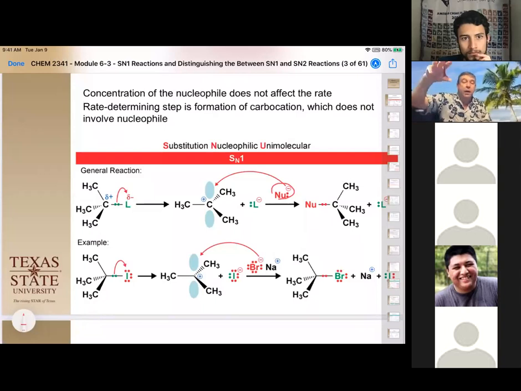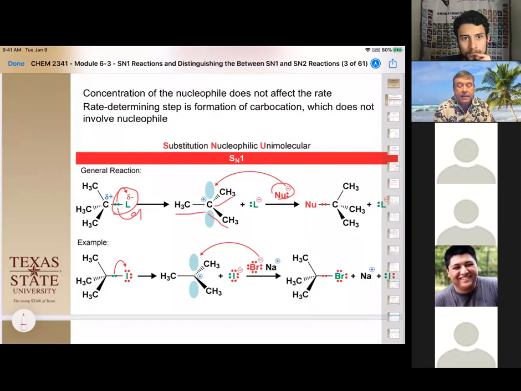We can break a bond homolytically or heterolytically. In this case, we're going to do a heterolytic bond cleavage where the electrons are leaving with our leaving group. And in the process, we are generating a cation. So if these two electrons are leaving with the leaving group, we're creating a carbocation.